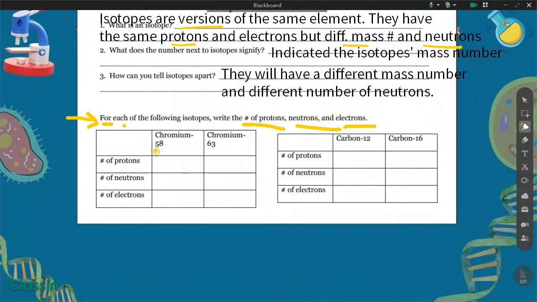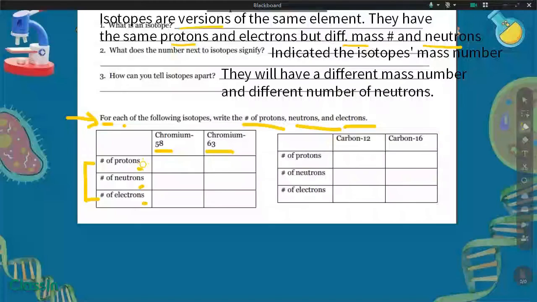So what do your chromium 58 and chromium 63 mean? You will know that 58 is your mass number. And how are you going to look for the protons, neutrons, and electrons? First, let's take a look at protons. We all know that protons and electrons are the same, right?